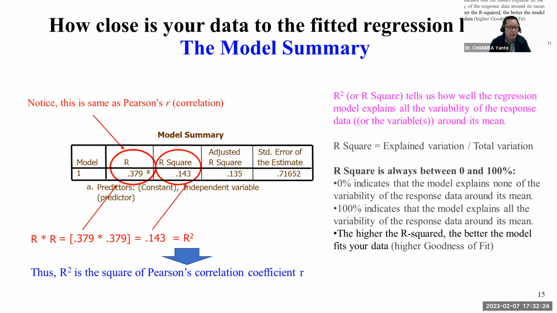Here we're using a very simple example, a bivariate regression. So this asks, how well does your regression explain the variability of the response?